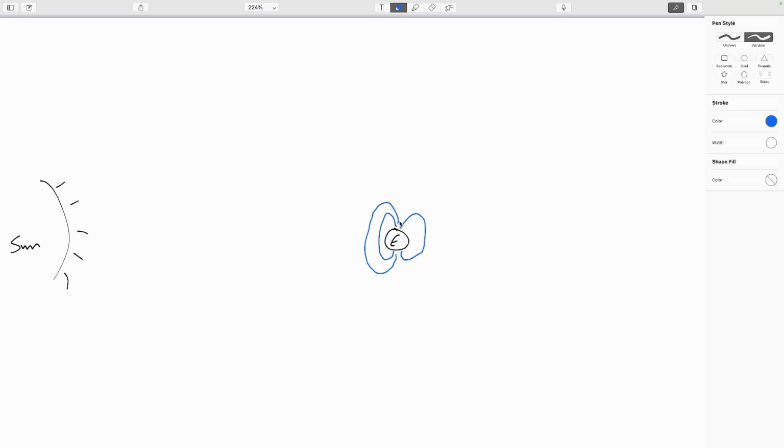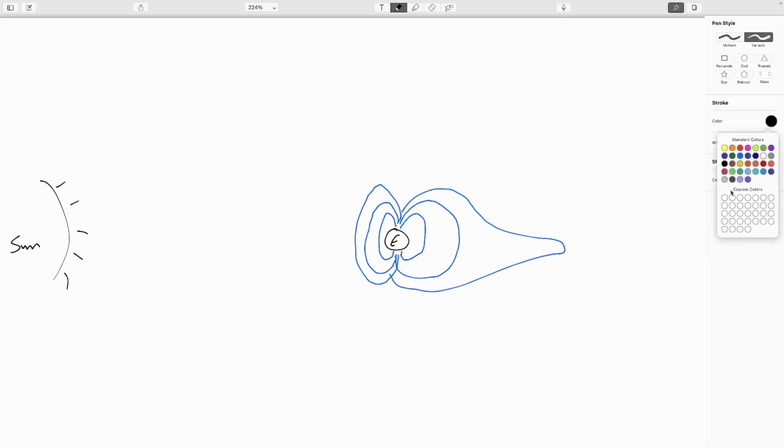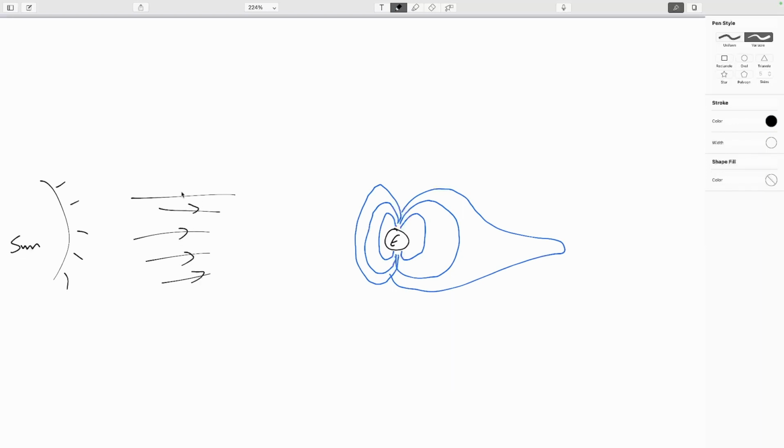But what's going to happen here is, as it turns out, that charged particles are coming off from the sun. This gets called the solar wind. And they're just charged particles that the sun ejects.